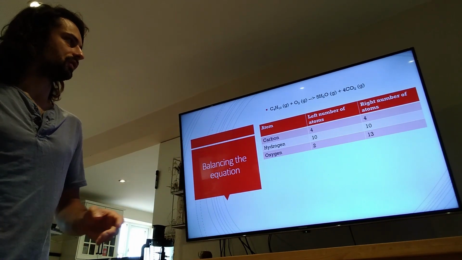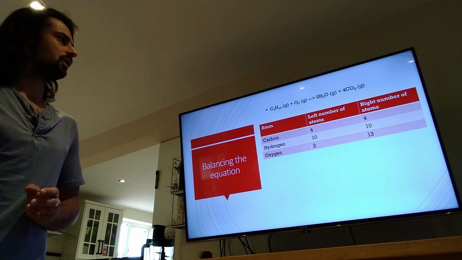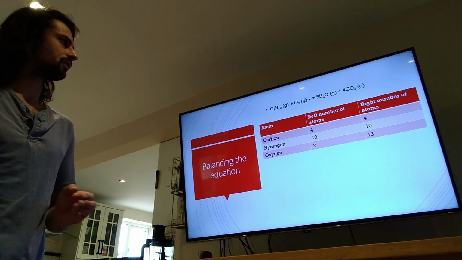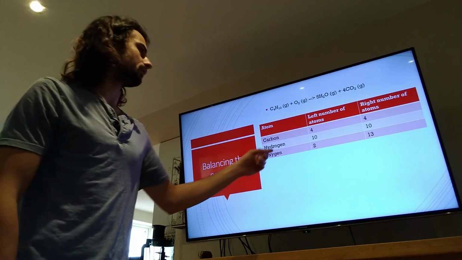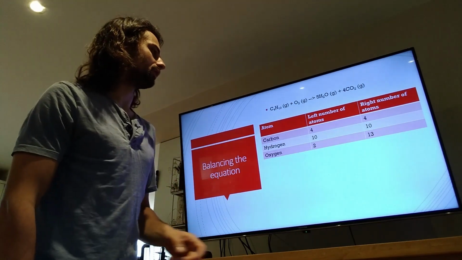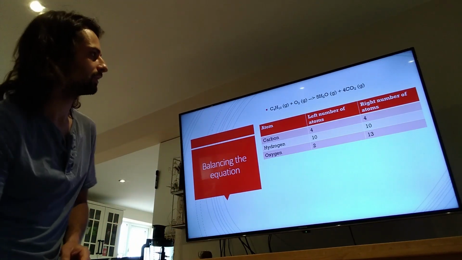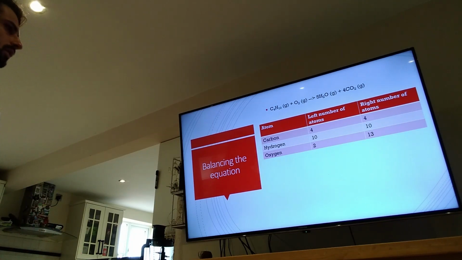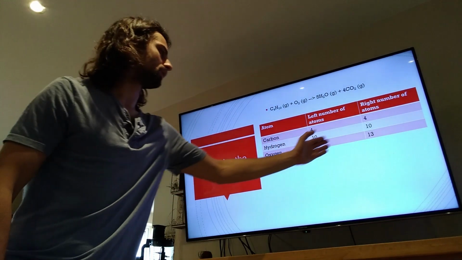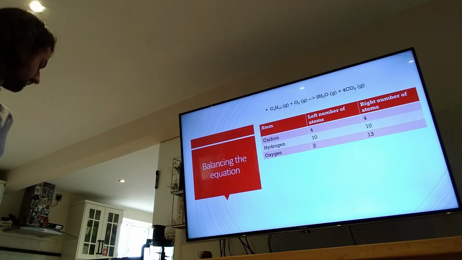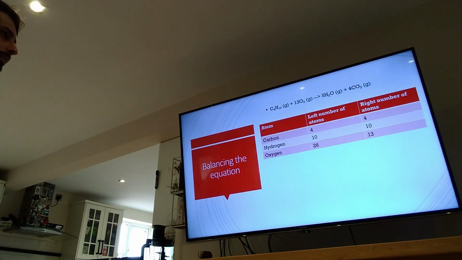However, the oxygen atoms are still not balanced. So to solve this, what we do is we just put a 13 in front of the oxygen, because that would then allow us to balance it out. It's going to double it.